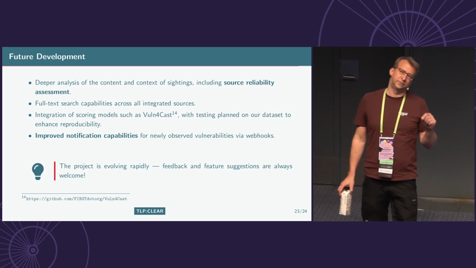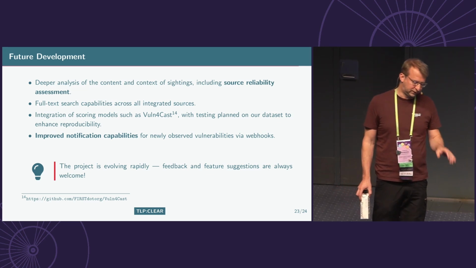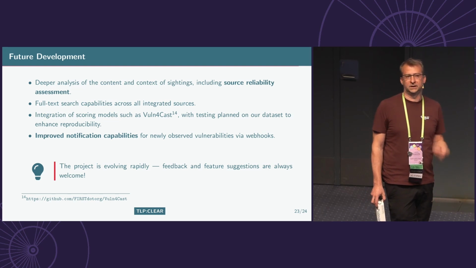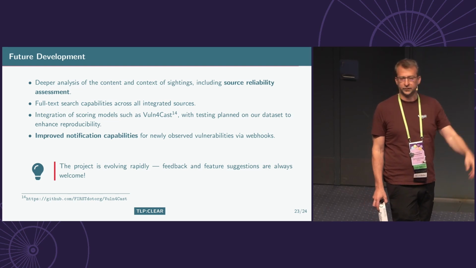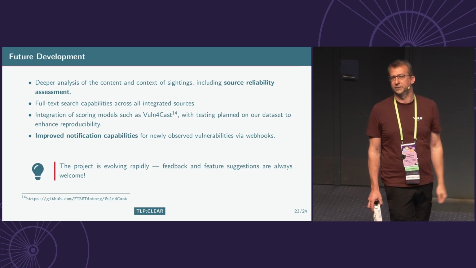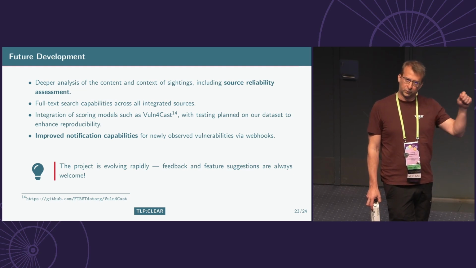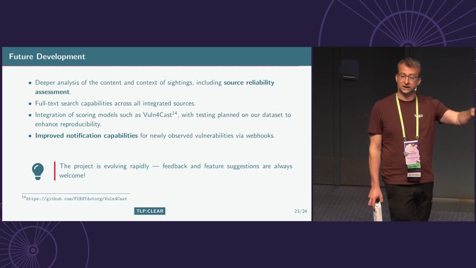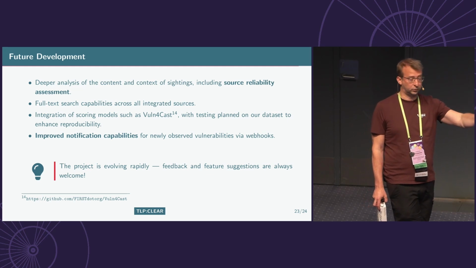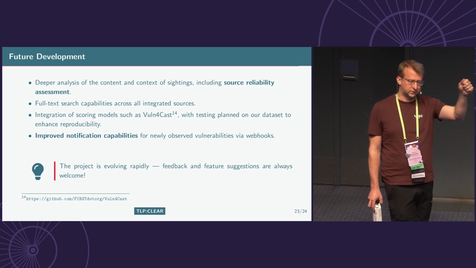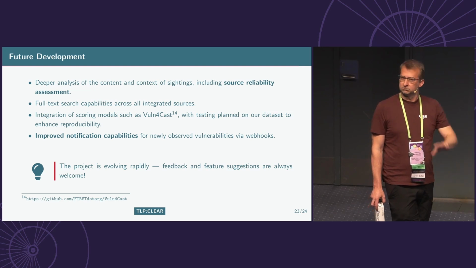Something I didn't mention in the features of vulnerability lookup, and I think this one is key, is notifications. If you are an SME, if you are a small CERT, you really want to get the latest information about vulnerabilities, specific products, and so on. So in vulnerability lookup, when you register in the instance, you can create notifications. You can follow every vulnerability for Ivanti, Pulse, VPN, whatever, and you will get it.